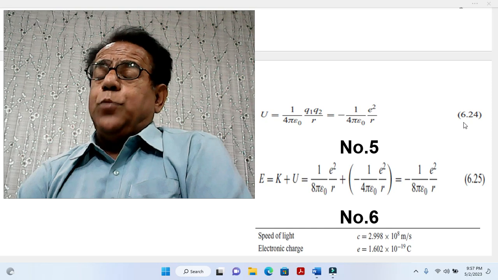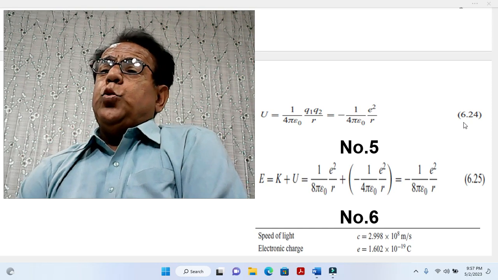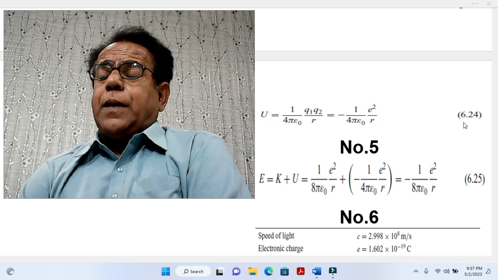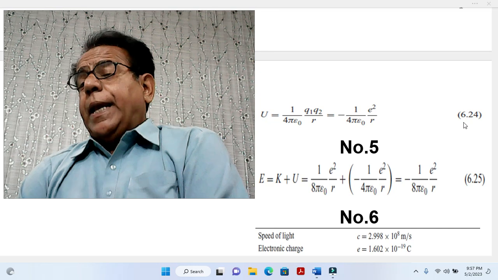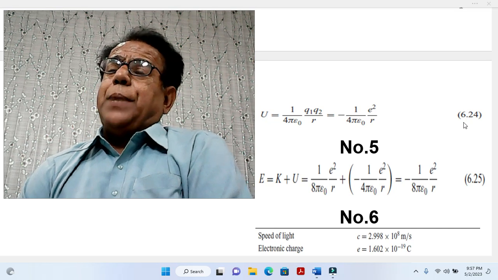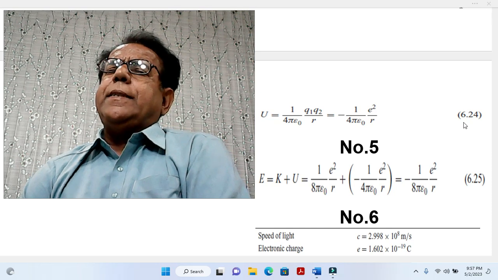And we know that when two similar signs multiply, their result is always positive, and when two different signs multiply, their product is negative.